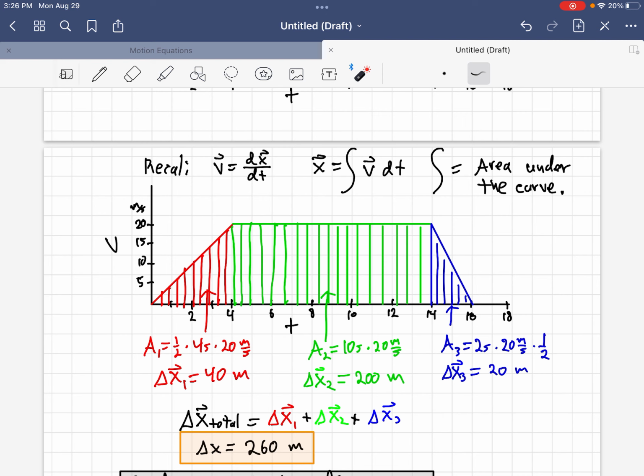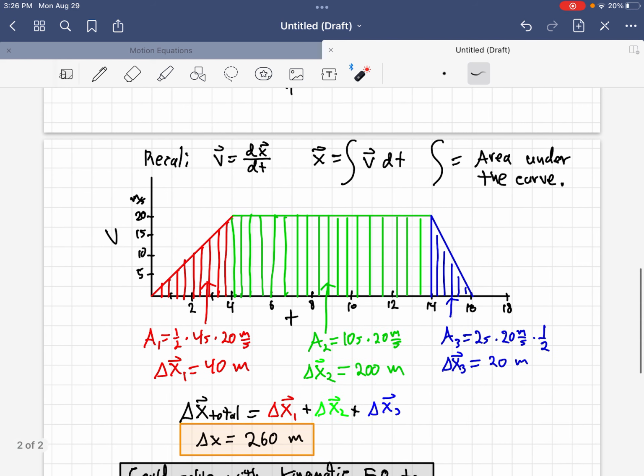And for this area, this is just the area of a rectangle, and that's taking the integral of this portion of the velocity curve. So it's the height, 20 meters per second, times the width, 10 seconds. Traveling at a constant velocity of 20 meters per second for 10 seconds, we travel 200 meters.